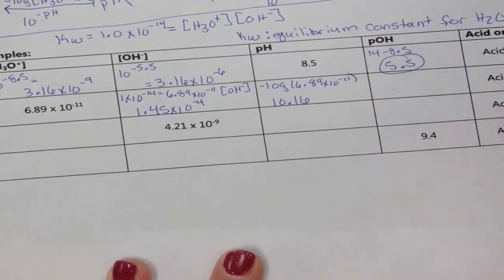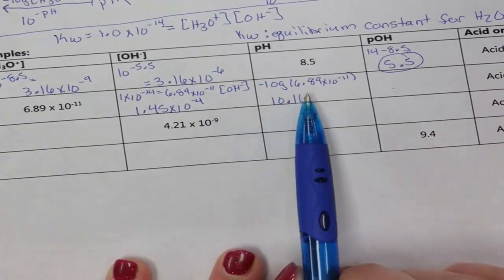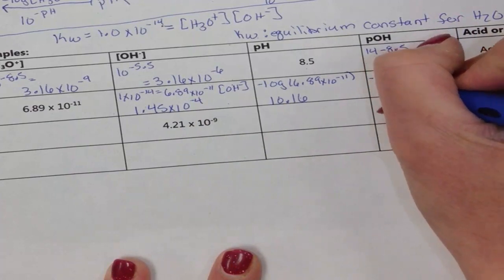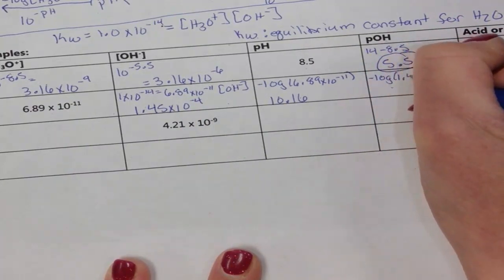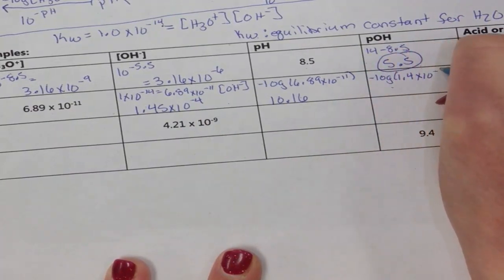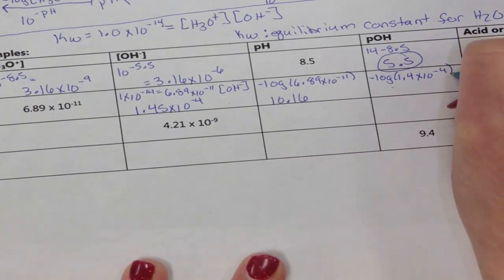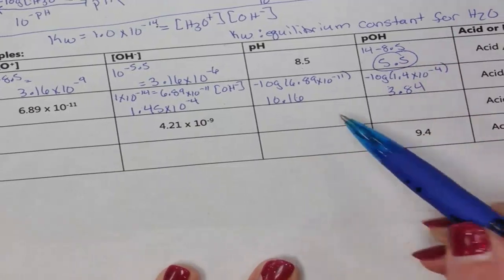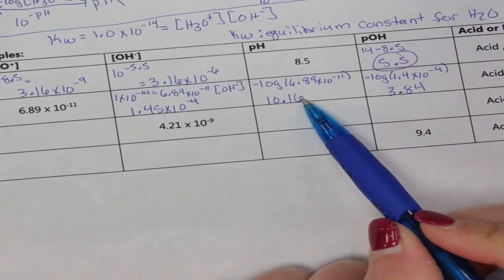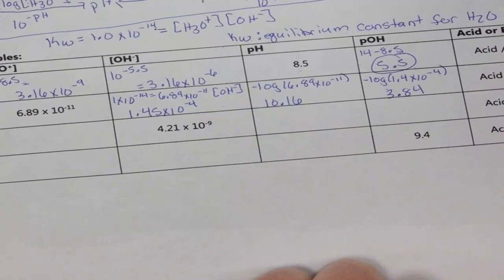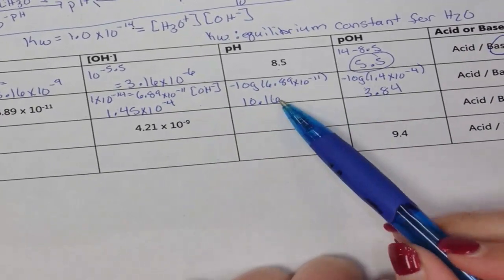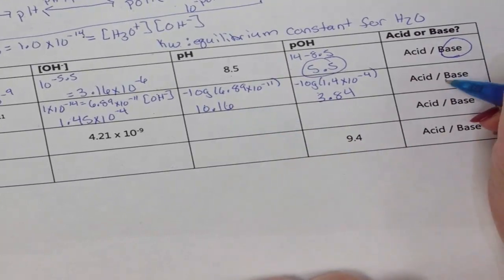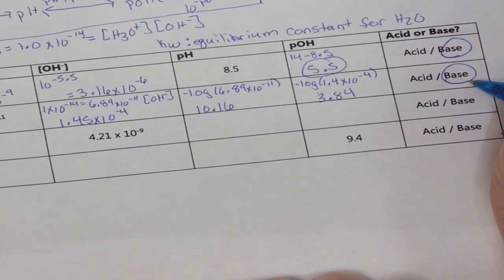I negative log 1.45 times 10 to the negative 4th, and that gives me a pOH of 3.84. You could have subtracted 14 minus 10.16, and that also gives you 3.84. This pH is larger than 7, so this would be a base.